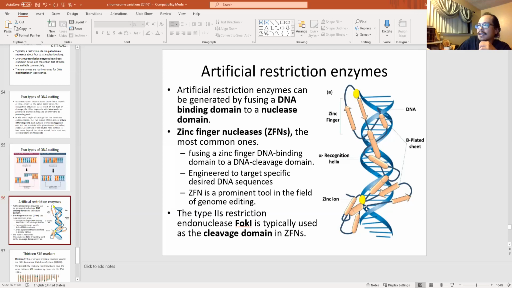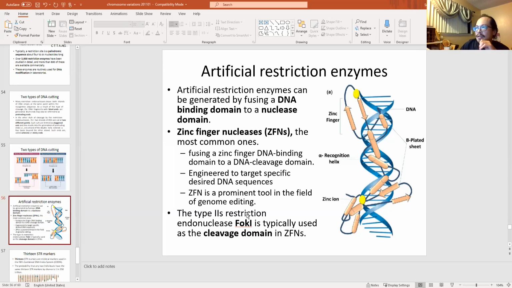Wow, more than that. All right, several fingers. Basically each finger will attach to a particular sequence and then pull it open, and then they can cut it. So that finger is a good way to identify the gene and then separate it.